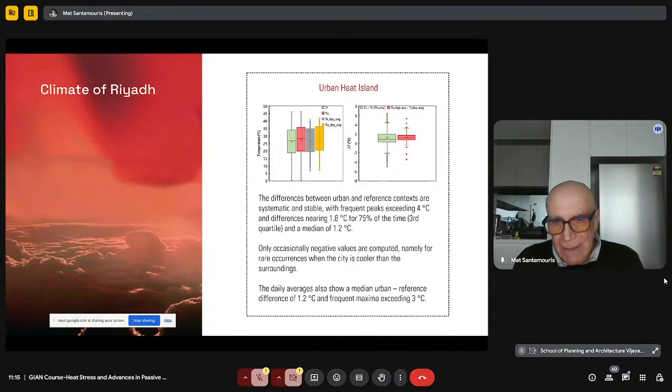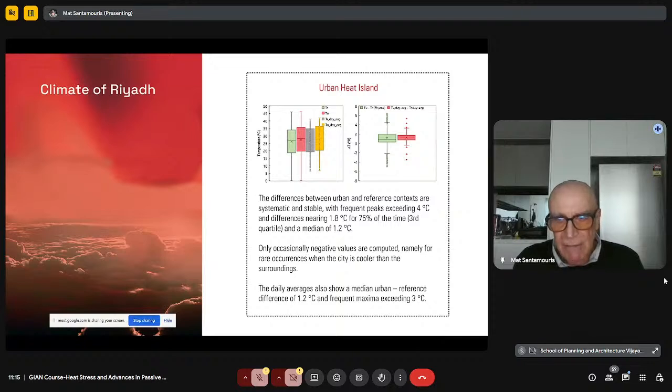And so we calculated the differences between the urban and the reference conditions. This is done for different synoptic conditions. This is done for the whole year. In reality, most of the time, the differences are close to 1.5 to 2 degrees. 1.8 degrees is the average temperature difference for 75% of the time.